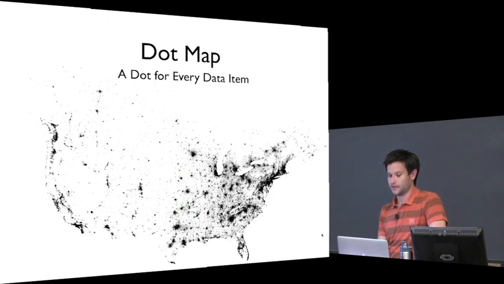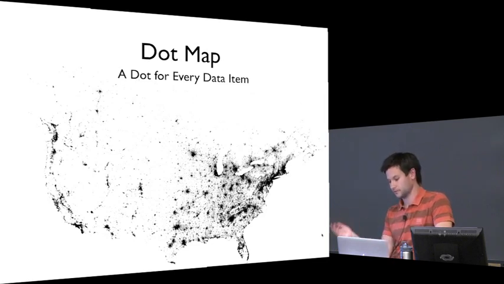A very simple way is the dot map. For instance, you count all accidents that happen in the US and you draw a dot there. And you could change the color of the dot to, I don't know, encode the different types of accidents.